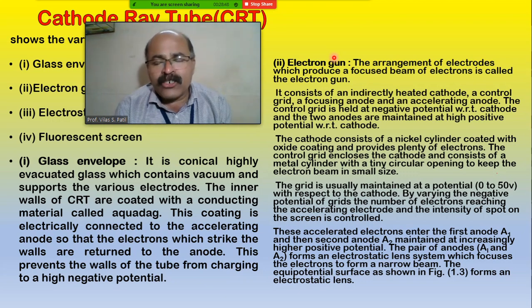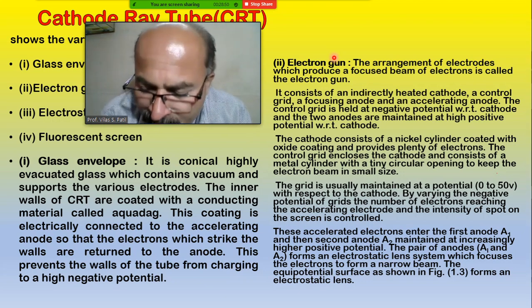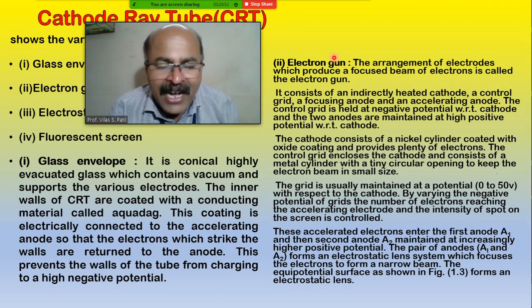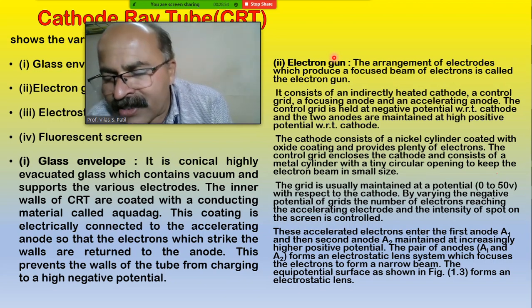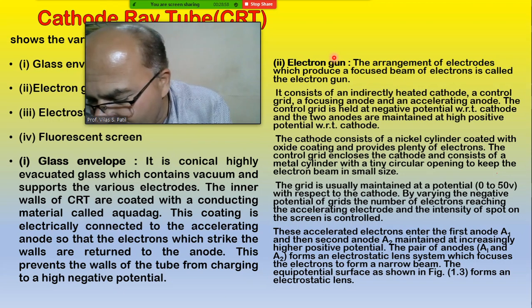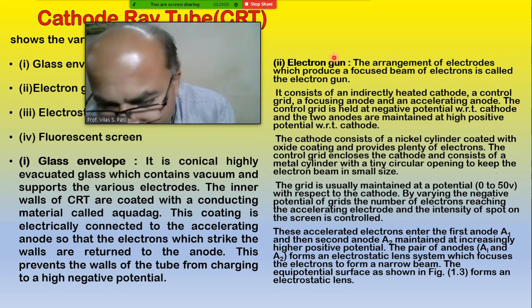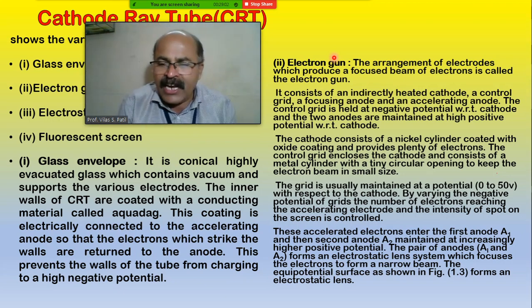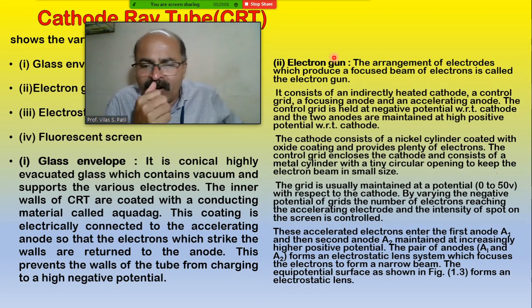Like that, there is the electron emission, then production of the beam and acceleration of the electron beam. All these processes are carried out in this region, hence it is called the electron gun region. The arrangement of electrodes which produces the focused beam of electrons is called an electron gun.